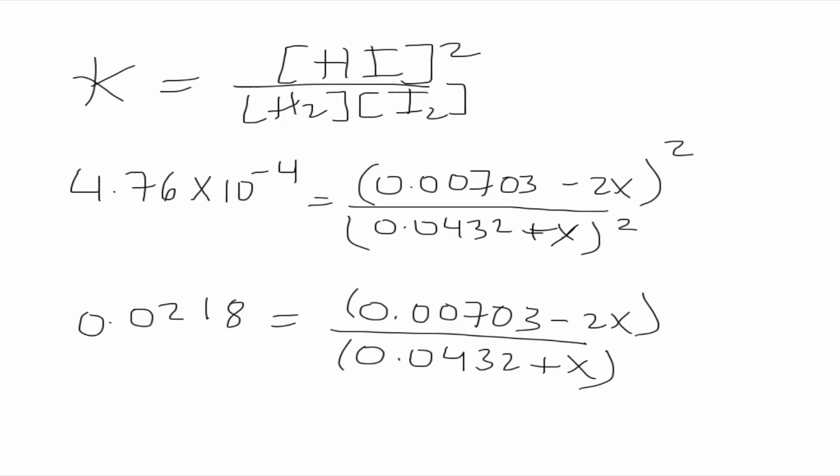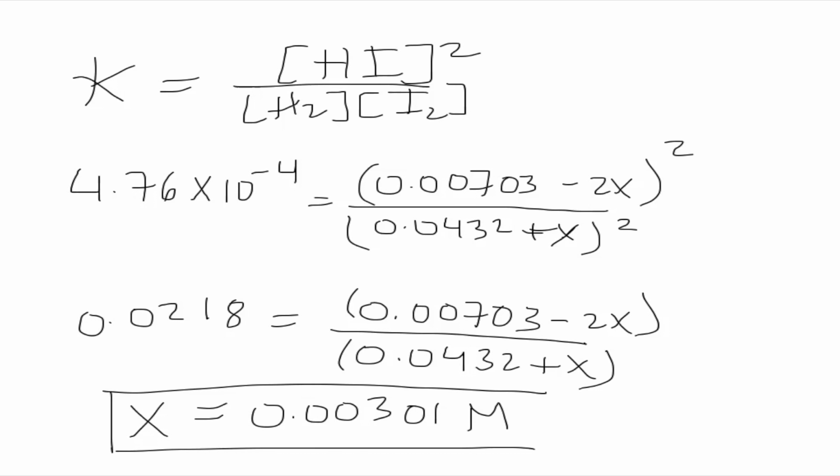And then using algebra, you will get that x is equal to 0.00301 molar. That is our x. And the final step would be adding it to the ice chart.